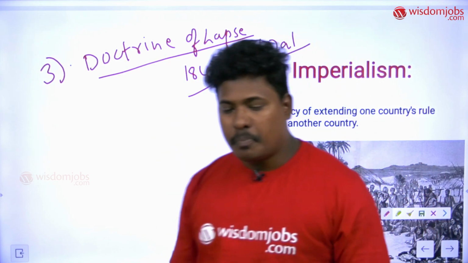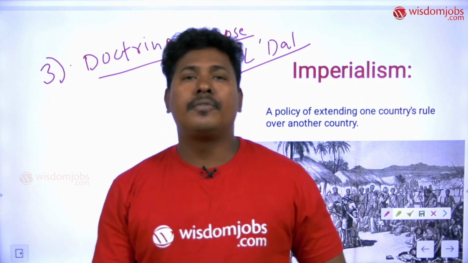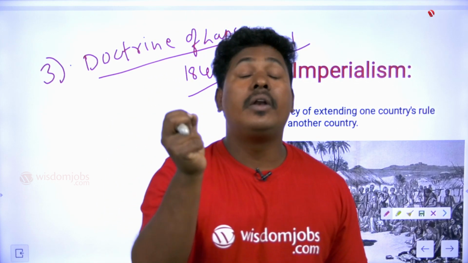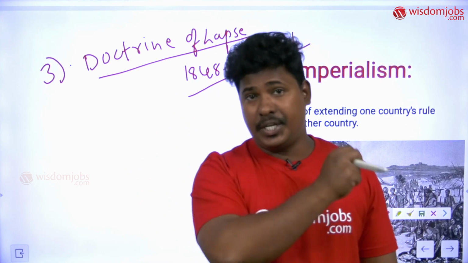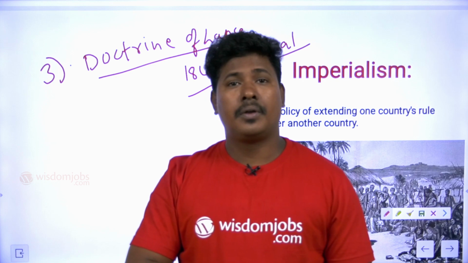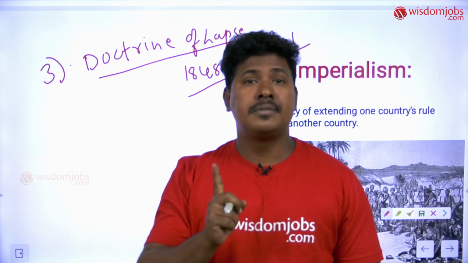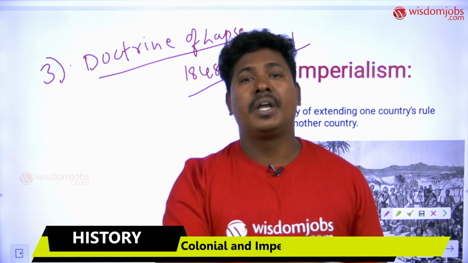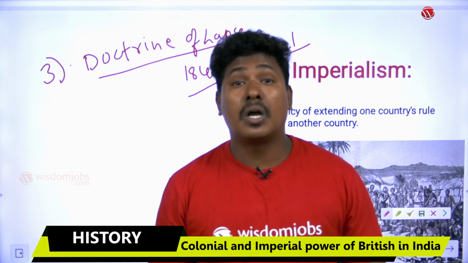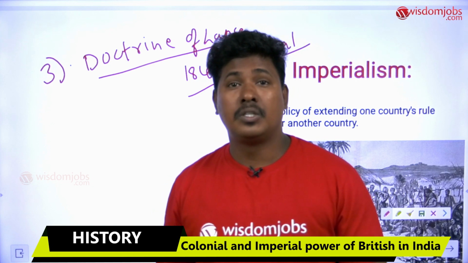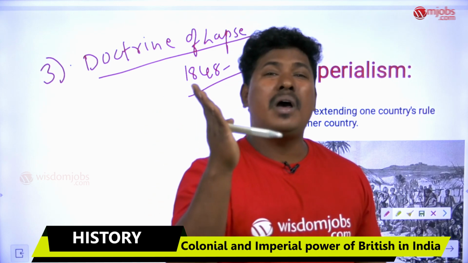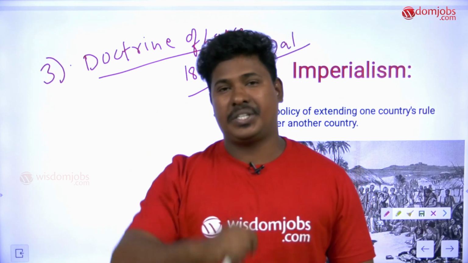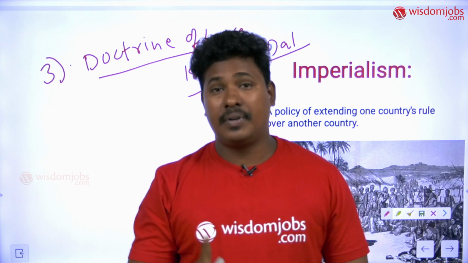The main motto of this policy: if there is no natural legal born heir to a state, then such state comes under the control of British. So British were empowered to annex such state. Right, very, very important.